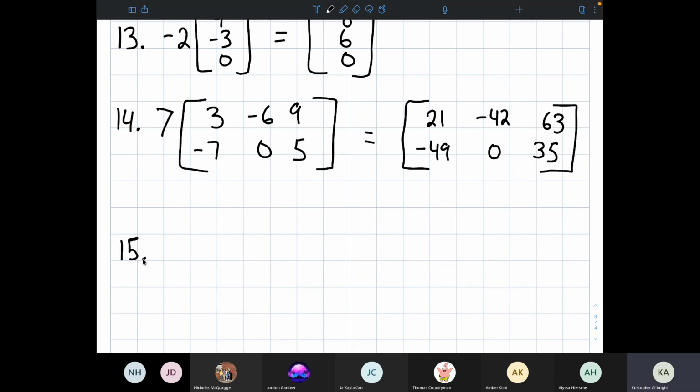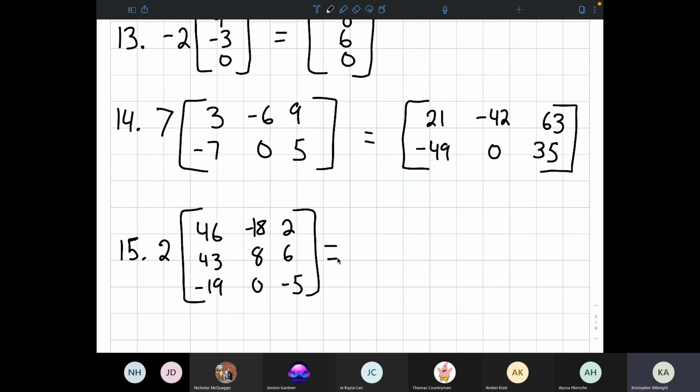And then number 15, 2 times C. It's not hard math though. Okay, so we multiply all these numbers by 2. 46 by 2 is going to give us 92. 92? 92.